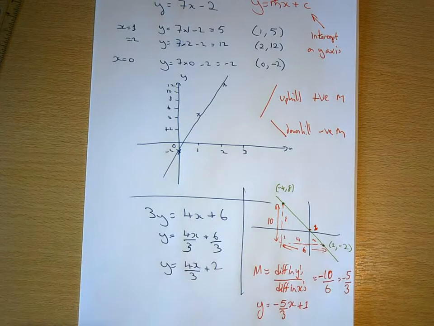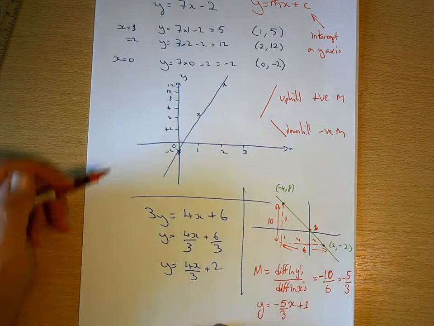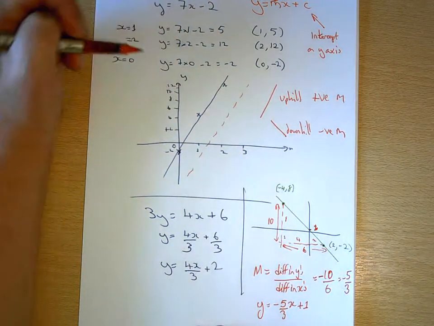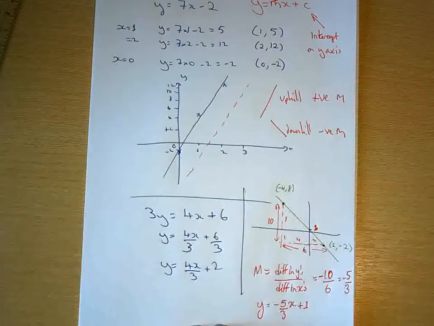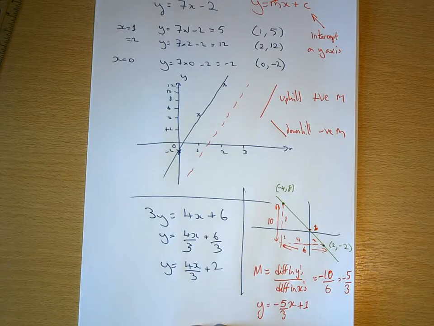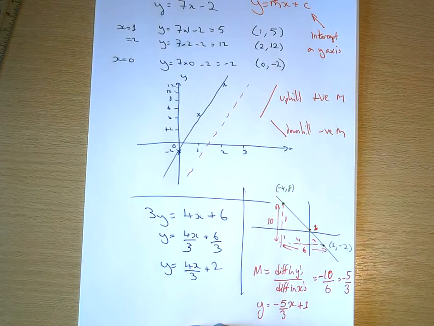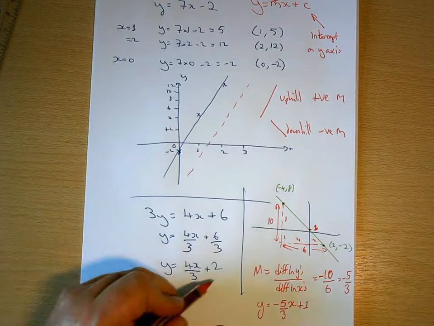The other thing that we need to be able to recognize is what happens with parallel and perpendicular lines. Well, if lines are parallel, if you imagine that line there is parallel, what doesn't change is the slope. The slope, this gradient, is the same. Steepness is the same.